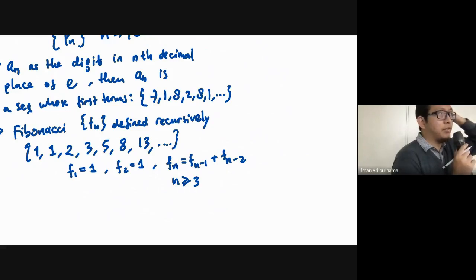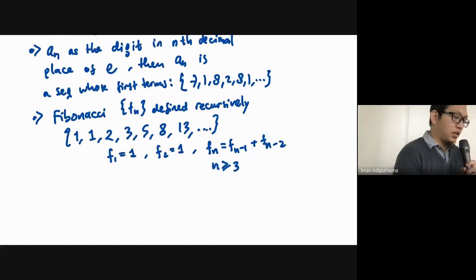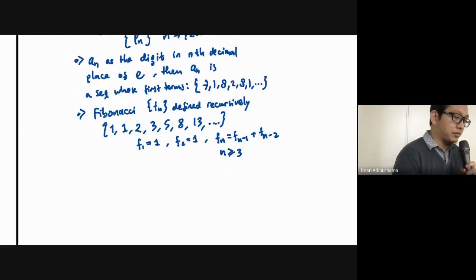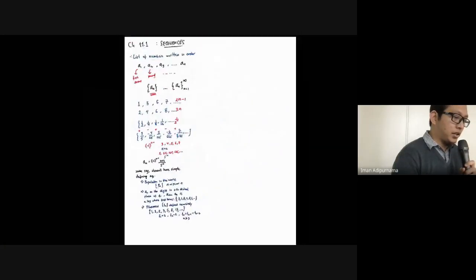Sometimes you can find the formula. And I think the sequence idea is really useful when you are dealing with simulations, and you need some tools to formulate the phenomenon. Okay, so that's the intro.